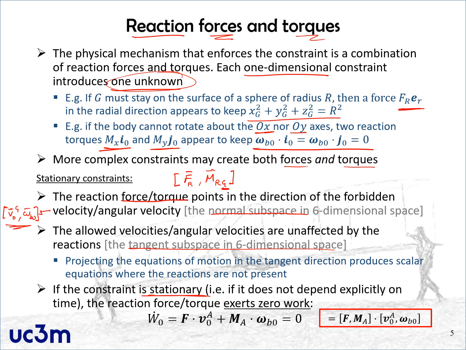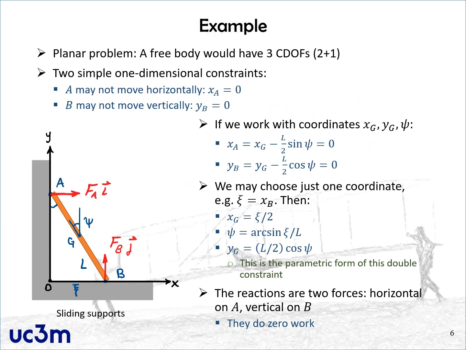That means that regardless of how complex the force and or torque created by this constraint, if we write down the expression for the power of this constraint, which may have some force and some torque, the power has to be equal to 0. All right. So as long as the constraint is stationary, we know that the constraint is not going to exert any work. To illustrate all this, let us go through a number of examples.